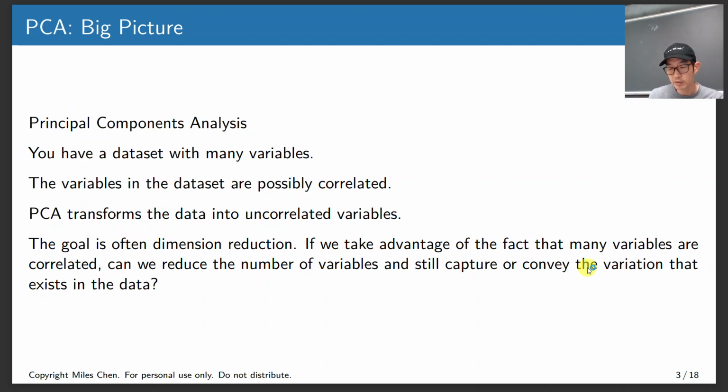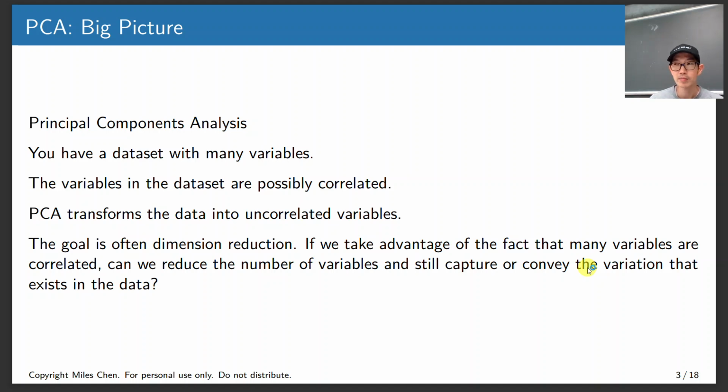It'll find some kind of linear combination, so it's not going to be doing any kind of operations other than multiplying by a constant and adding or subtracting the variables. So no squaring or log or anything like that, just some kind of linear combination.